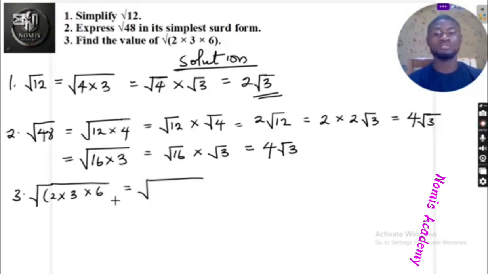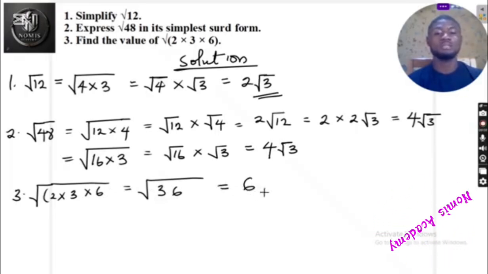But since we just have to simplify them, there's no need for separation. So just say 2 times 3, that's 6. And 6 times 6 is 36. And what is the square root of 36? That is 6. So this is the simplified form of root 2 times 3 times 6. So they are all equal to 6. So this is how to calculate surds.